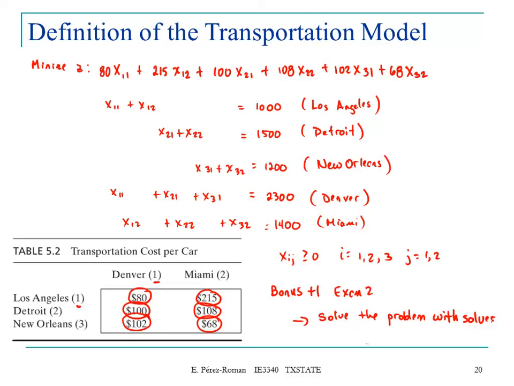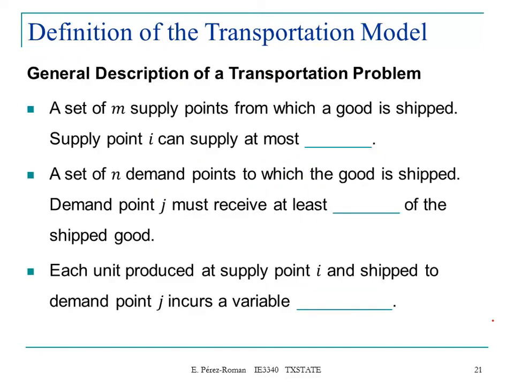Let me, because I want to use some time to discuss the exam. So the general description of a transportation problem, again: you have a set of m supply points from which a good is shipped. Supply point i can supply at most s_i units. And a set of n demand points to which the good is shipped.